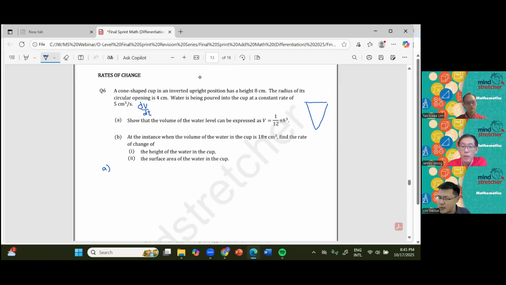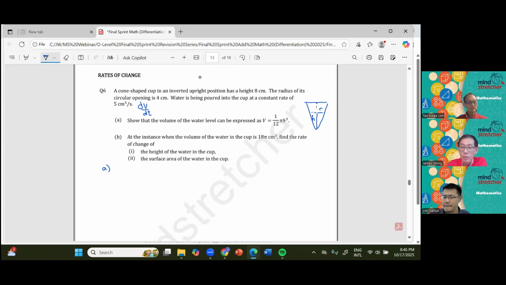At any point in time, my water level, in general, may be somewhere here, and this will represent the height of my water. Let's say at this level my radius is R, and the height of the water is H.